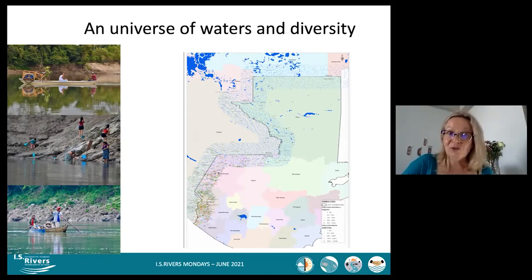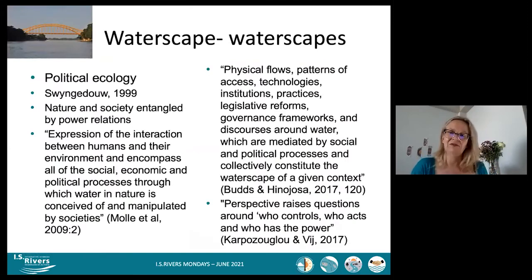No one has drinking water, as a matter of fact. And in many cases, as you can see on the photo, with women washing laundry on the riverbanks, the people who live along this river don't have access to running water at all. So it's a world full of water, a lot of water, but also a huge diversity and lots of social inequality.